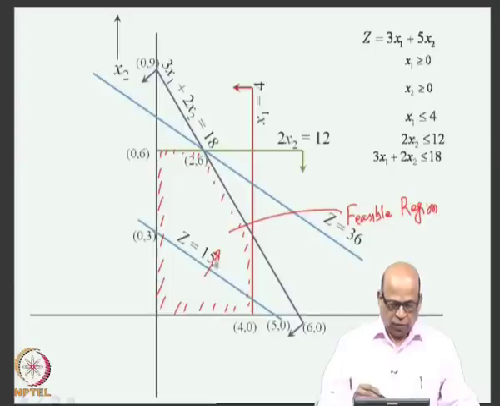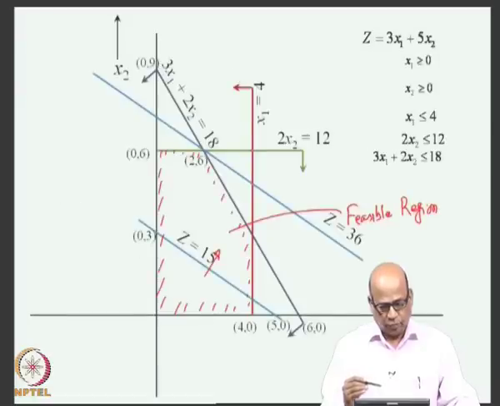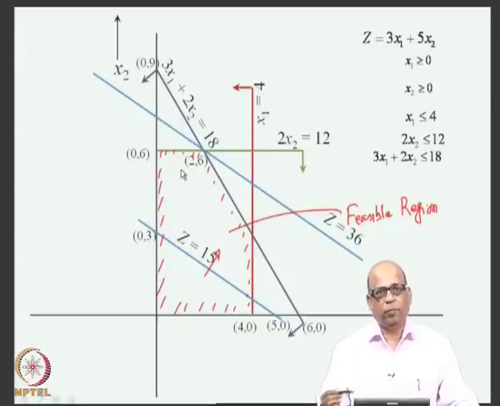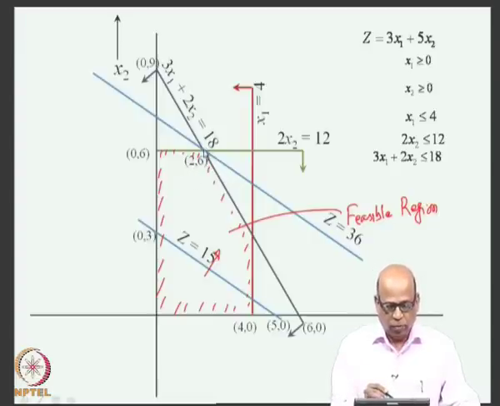And therefore, you move the z line parallel to itself, keep increasing the value of z until you hit a point where the z line is just in touch with the feasible region at one point, beyond which no further increase in the value of z is possible without violating at least one of these constraints, because you will leave the feasible region. The moment you cross this point, you will leave the feasible region, and therefore, this becomes an optimal solution. So, z is equal to 36 becomes the optimal solution, x 1 is equal to 2 and x 2 is equal to 6 is the optimal point.